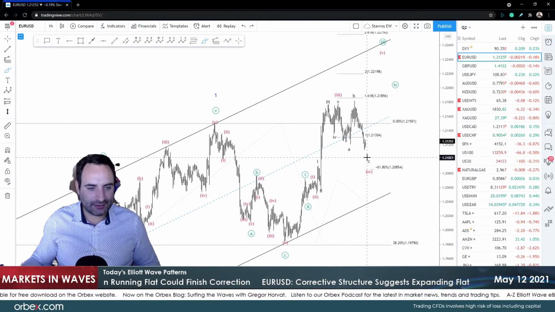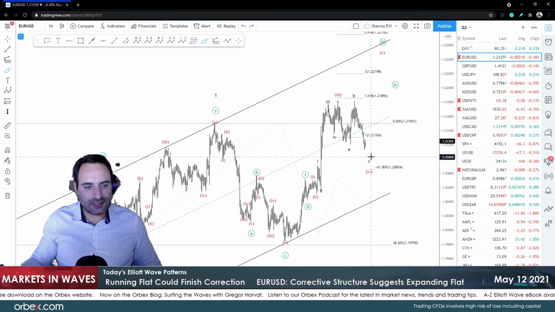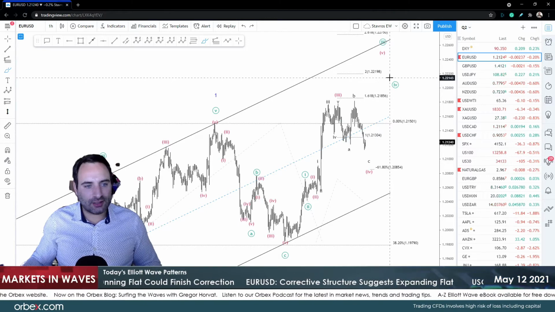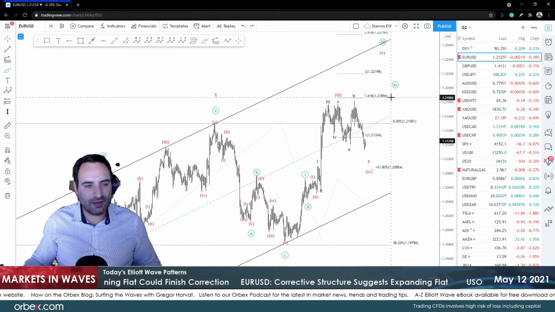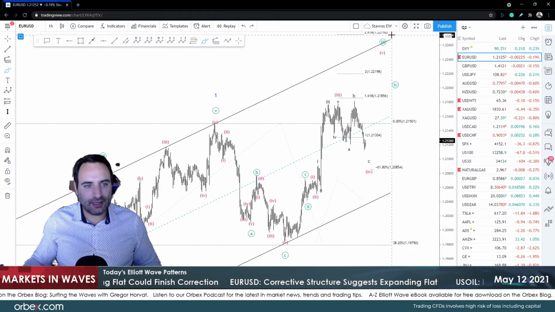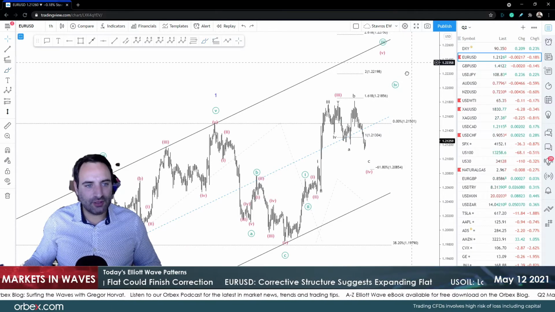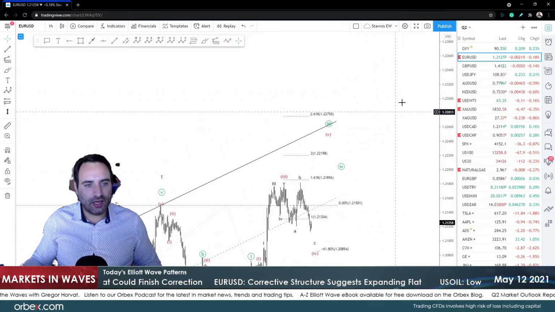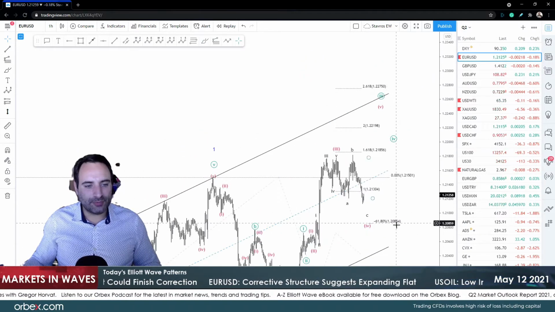So it could be a weak attempt. In either case, once we get the move to the upside, we're probably looking at, well, first the 121.85 that was missed before, a 122.20, and then 122.75, which is where I expect wave 3, anywhere between this zone, to end, okay? And from there, we continue higher.